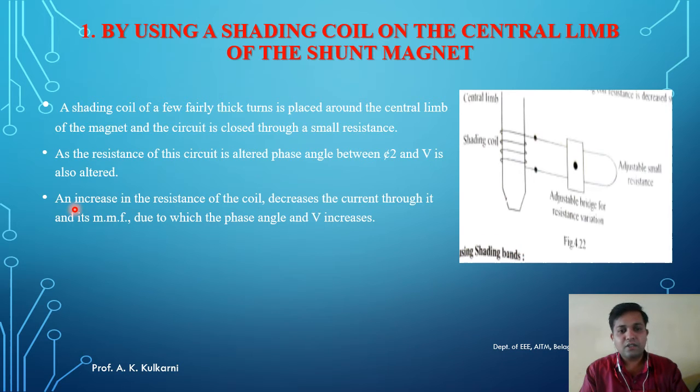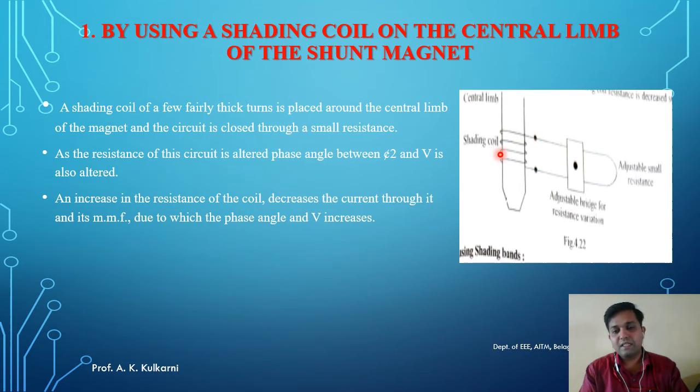An increase in the resistance of the coil, as I told, decreases the current through it and the magnetomotive force, due to which the phase angle and the voltage increases. What does it mean? If I increase this resistance value with the help of this adjustable small resistance, the entire resistance of the shading coil will be increased.